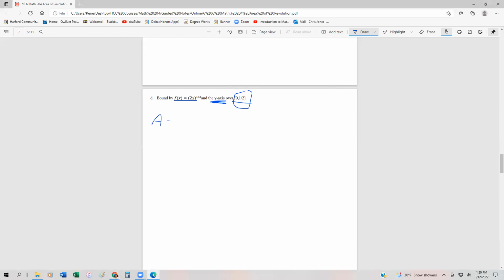Our area is going to be equal to 2 pi integral from a to b of f at y times the square root of 1 plus f prime at y squared, dy, because we want the function solely in terms of y. Let's get our new limits of integration in terms of y.